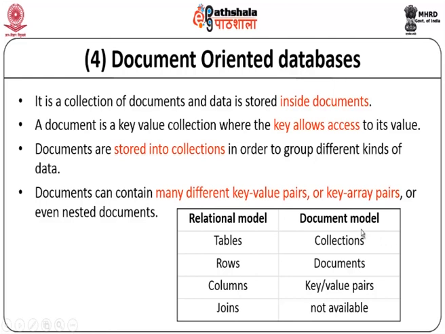So, when you compare a traditional RDBMS and a document model, tables in a relational environment are called collections. Rows in a relational model are called documents in document oriented databases. Columns in an RDBMS environment are called key value pairs, and joins are available in the relational model, but are not available in the document model.